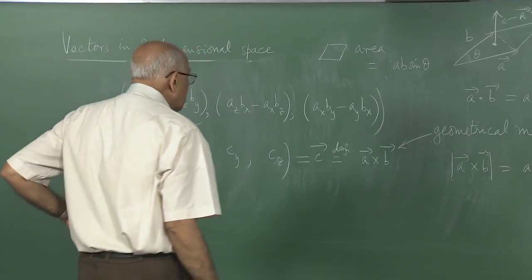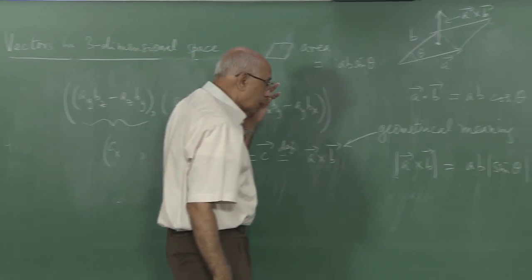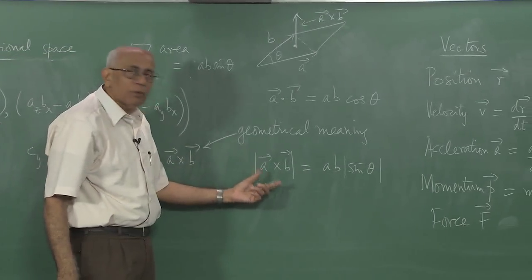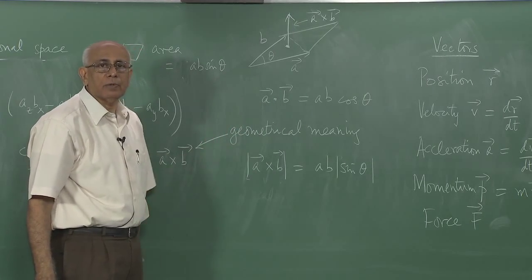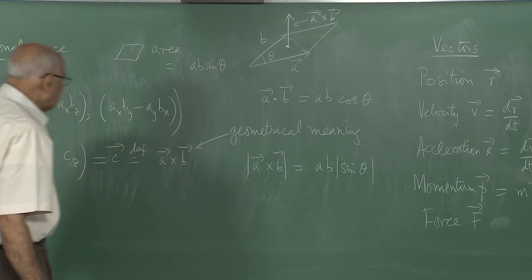So we have a prescription, a geometrical meaning, which will tell us not only the magnitude of A cross B but also the direction of A cross B in this fashion.